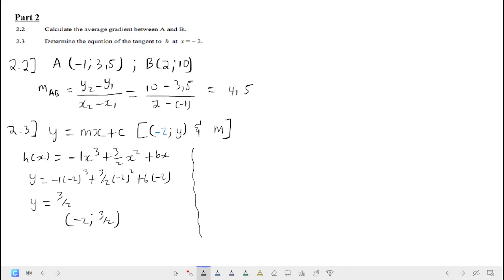Now what do we need? The second thing that we need is a gradient. So a gradient, we're going to find it using a derivative, right? So h prime of x here is going to be minus 3x squared plus 3x plus 6, right? Now remember, this derivative is at x equals minus 2. So let's go ahead and calculate h prime at minus 2.